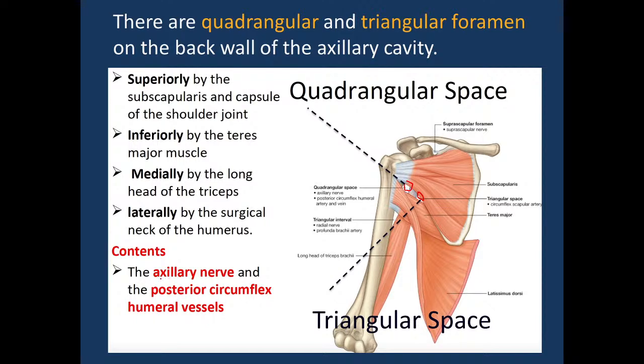Especially the quadrangular space contains the axillary nerve and posterior circumflex humeral vessels, but the triangular space contains the circumflex scapular artery and vein.